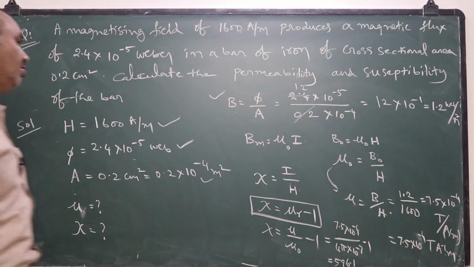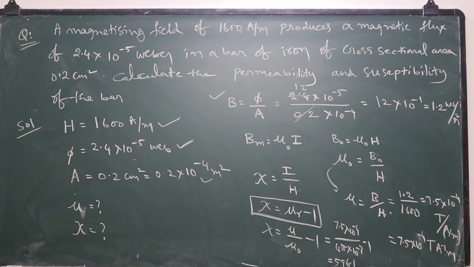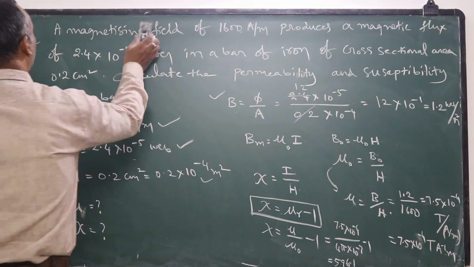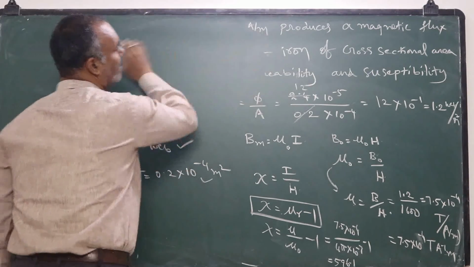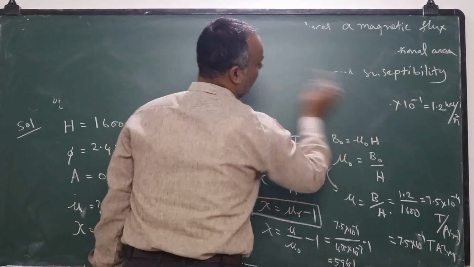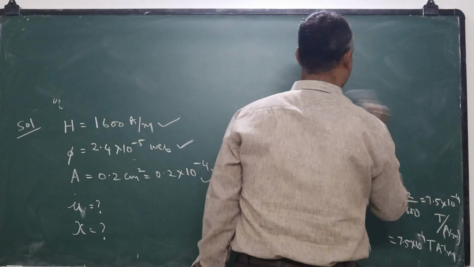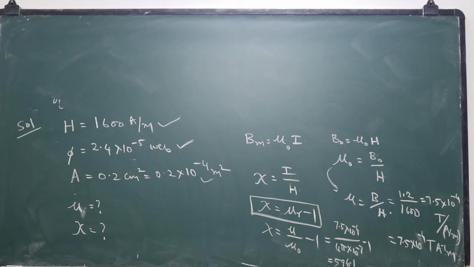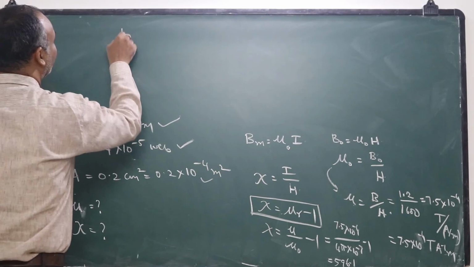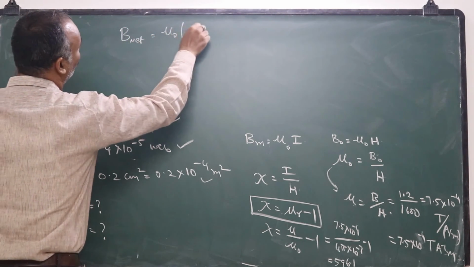Now I need to justify this formula here. As per the earlier discussion, we calculated that the net magnetic field is given by mu naught into 1 plus chi.